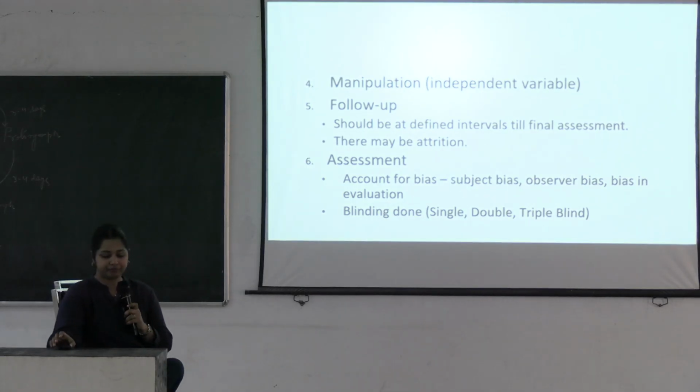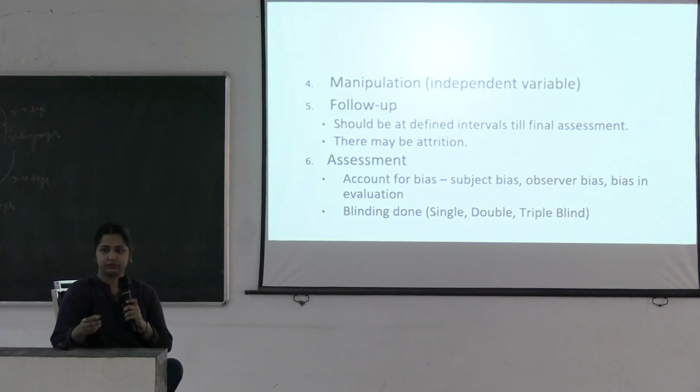Subject bias means if a participant knows that they are being given the new drug or the intensive lifestyle modification, that they are in the better group, the new intervention group, then the participant will automatically start to respond much better. They will feel much healthier, or think they are feeling much healthier. So that is a subject bias.